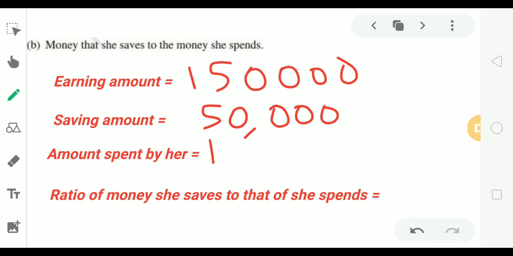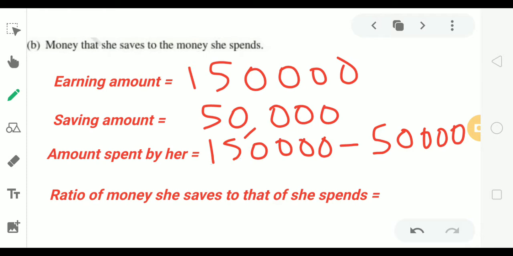Total amount she earns minus the amount she saves. Total amount she earns is 1,50,000. From that we subtract the saving amount. So the difference is the amount spent by her. The difference is 1 lakh rupees. So 1 lakh rupees she spends.